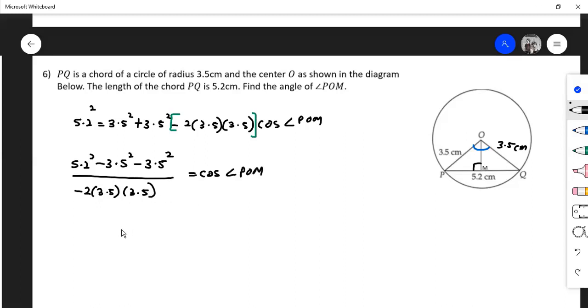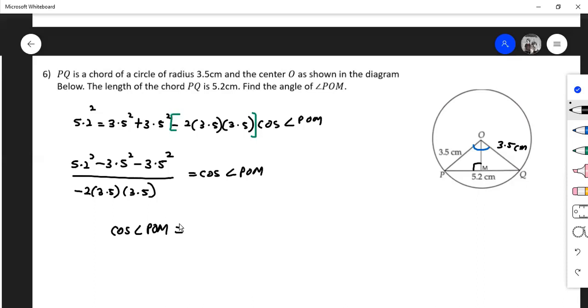You can press this whole thing in the calculator. I'm going to press it to see what I get: 5.2 squared minus 3.5 squared minus 3.5 squared, then close bracket, divided by negative 2 times 3.5 times 3.5. I think I made a mistake already.